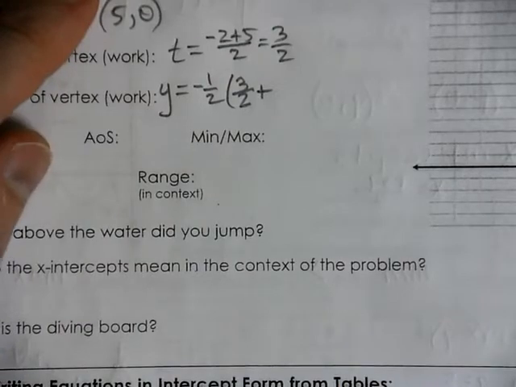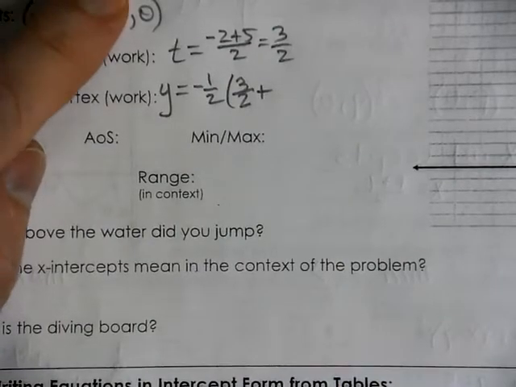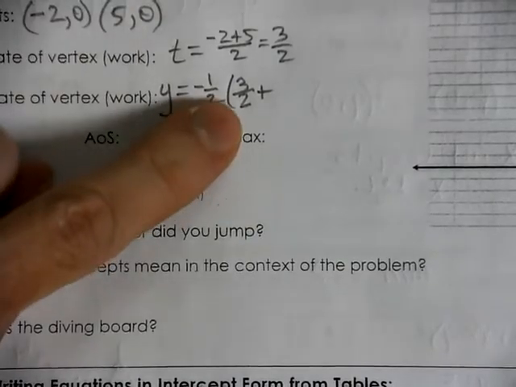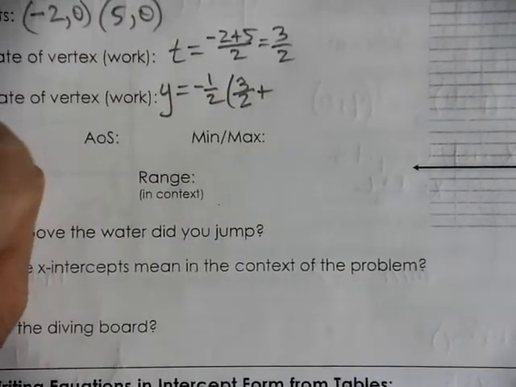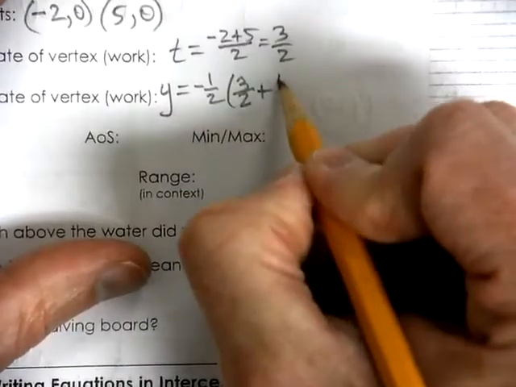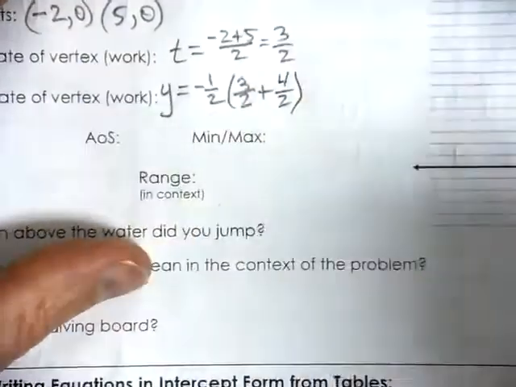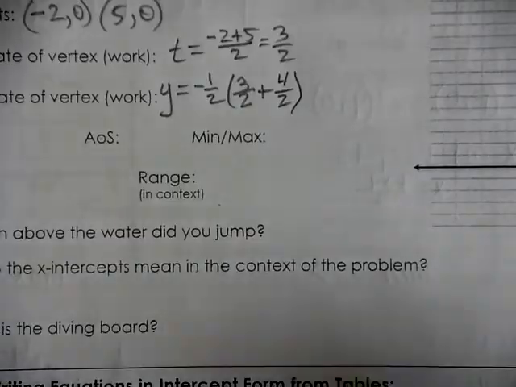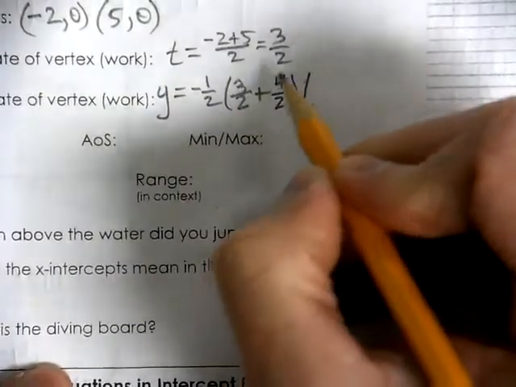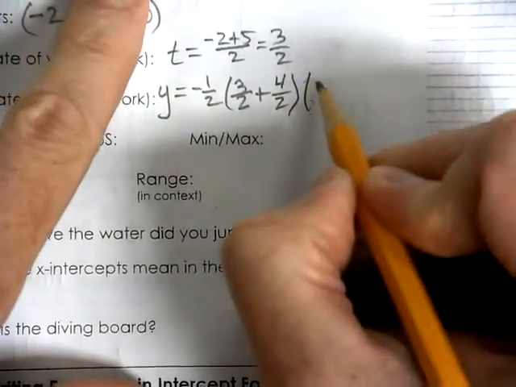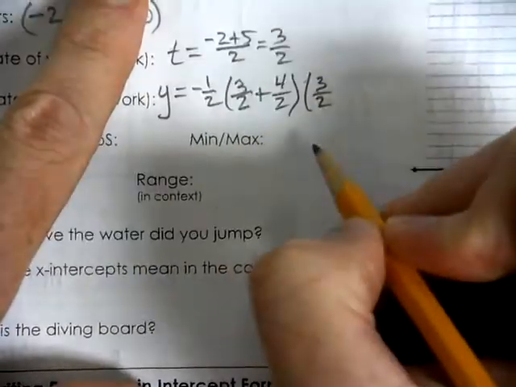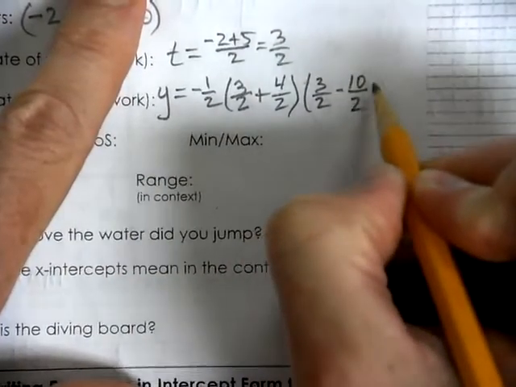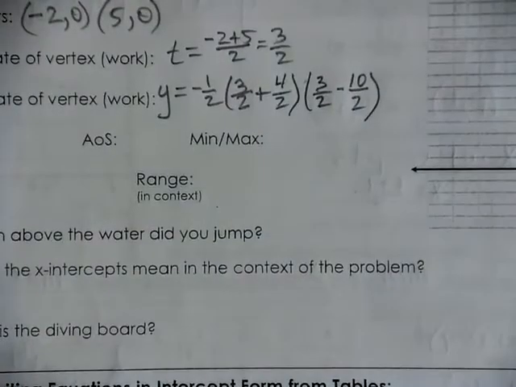So the equation has t plus 2. So I need 2 to have a denominator of 2. So I'm going to say plus 4 over 2. That's still a value of 2. Then I'm going to take the rest of the equation, 3 halves, because that's my t value, minus 10 over 2. I need common denominators of 2.